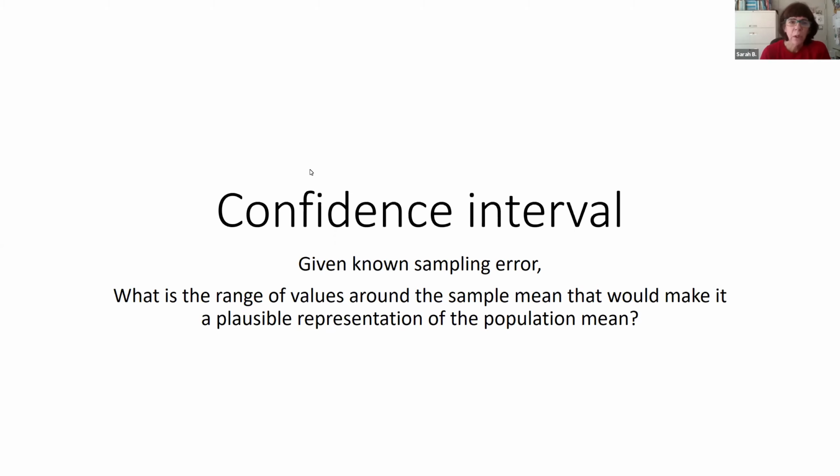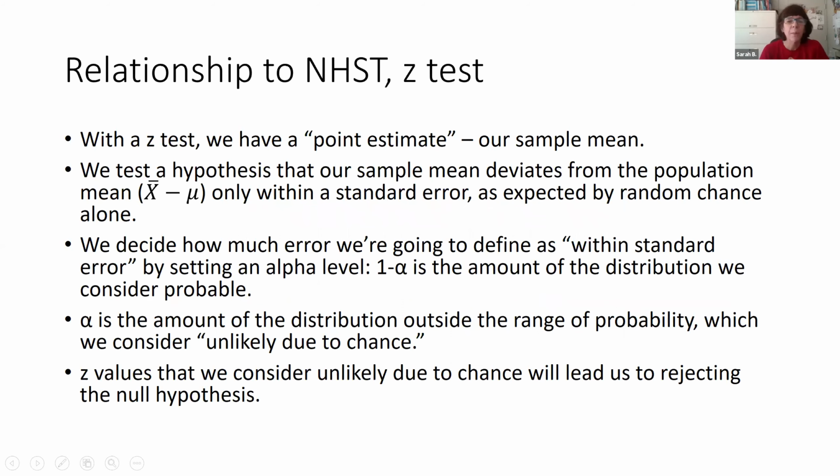So let's go backwards for a minute to put this into perspective with the z-test. In the z-test, we have what's a point estimate. That's our sample mean. That is the value that we have obtained that is some kind of estimate of the population value, usually the mean.